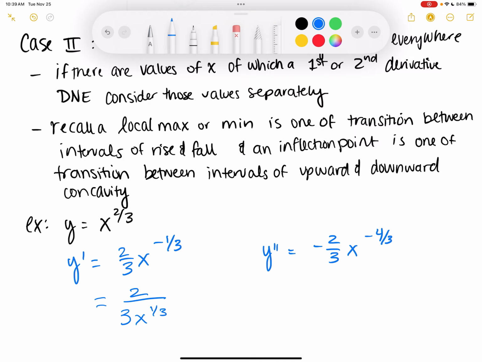Or we can write it as negative 2 over, oh wait, this was supposed to be a 9. 2 over 9, yeah, there we go. So negative 2 over 9x to the 4/3.